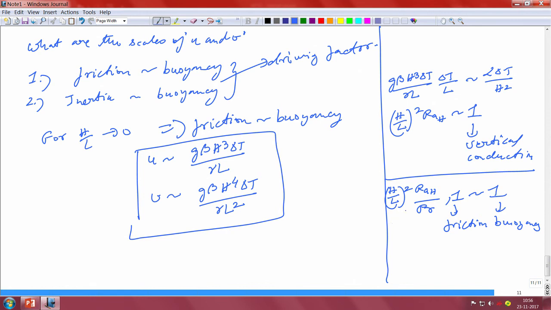As you can see, h by L goes to 0 because it is a shallow enclosure. This term goes to 0, this term goes to 0, which was the inertia term anyway. So, it is a balance between friction and buoyancy.